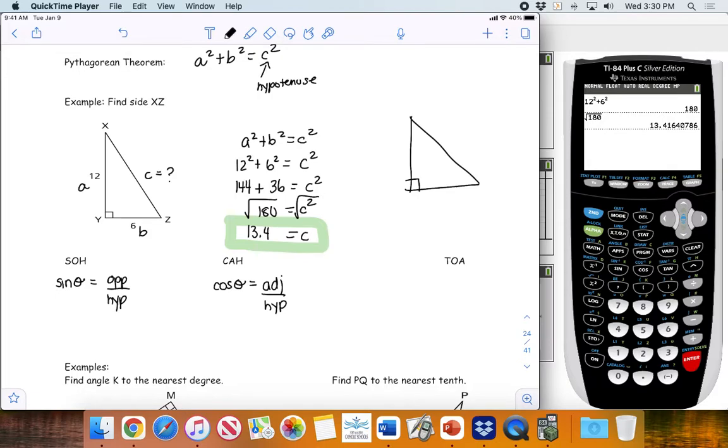And finally, TOA, which is tan of your angle, is equal to opposite over adjacent. Okay, so if you're looking from the angle, what's opposite to it will go in the opposite value, and adjacent just means right next to it.